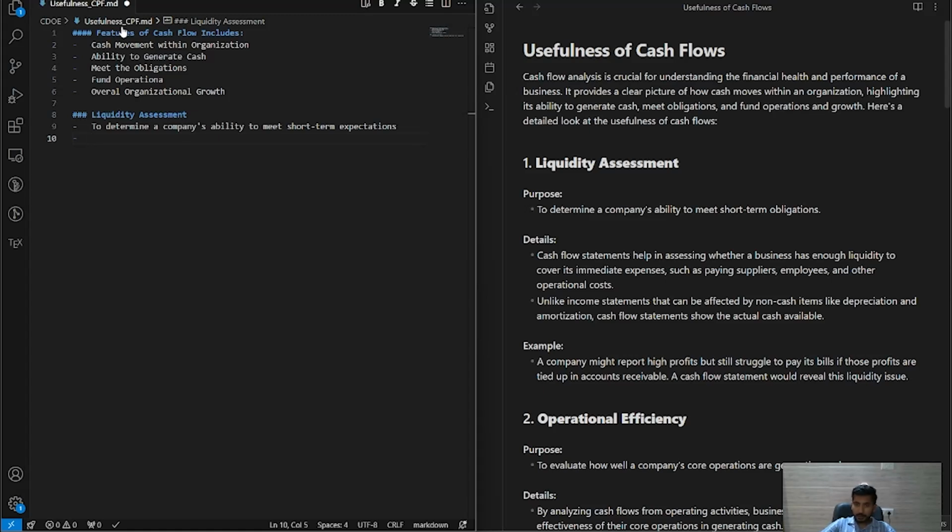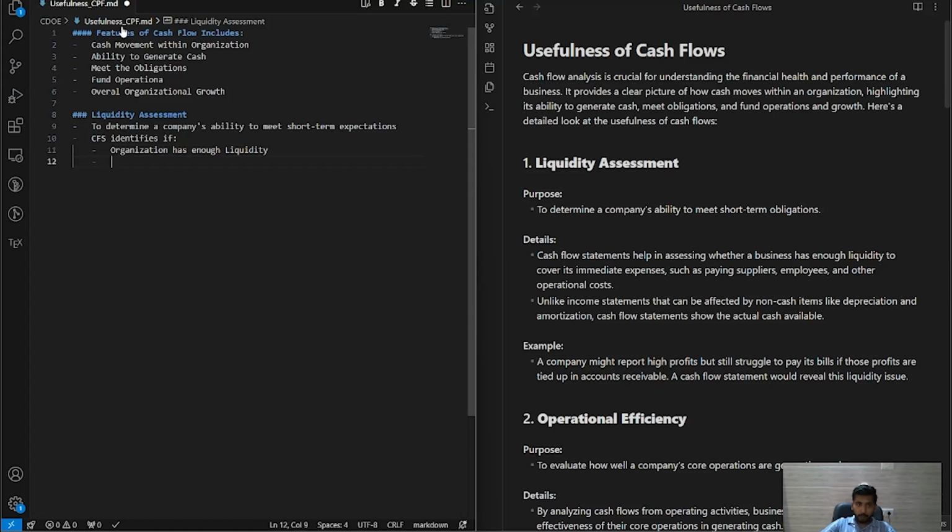The cash flow statement helps in assessing whether a business has enough liquidity. CFS, your cash flow statement, identifies if the organization has enough liquidity or not.